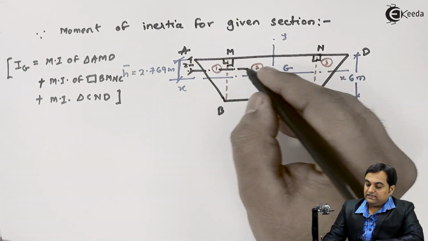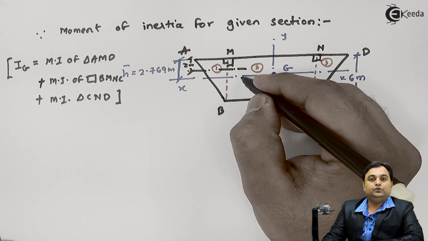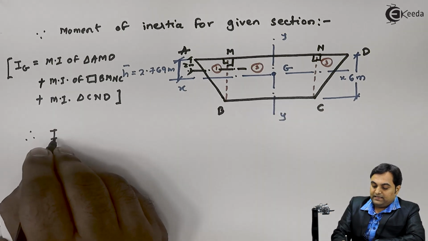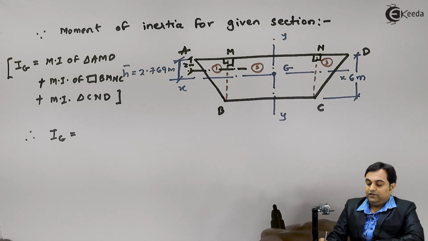Now, as we see here, there is a difference between both the axes. We need to use the parallel axis theorem here. So I'll write down, therefore I suffix g, that is the moment of inertia for the section given.